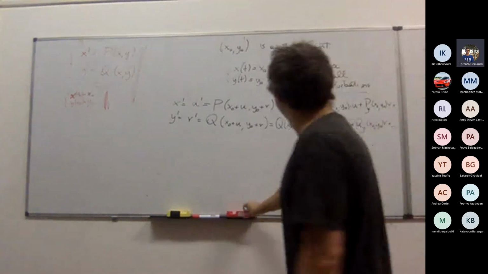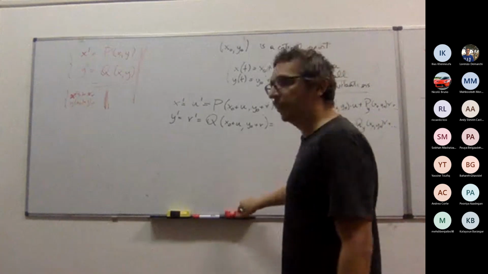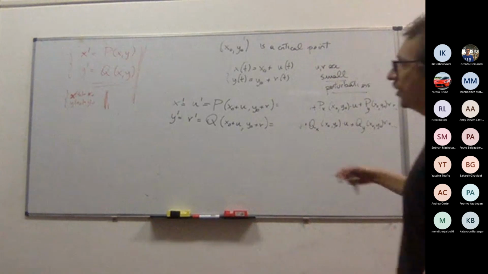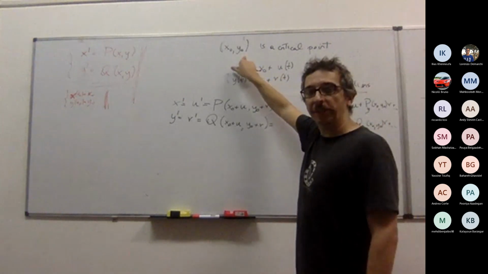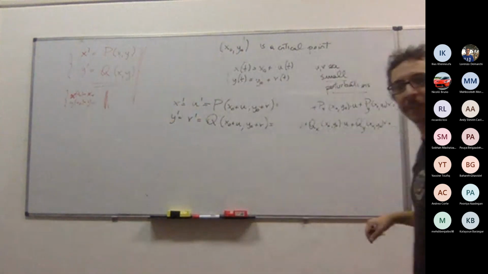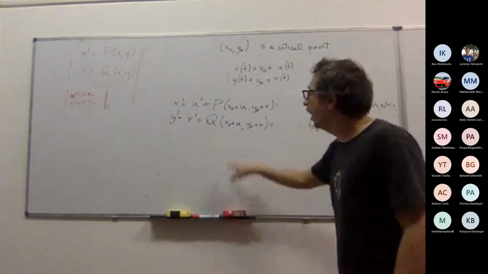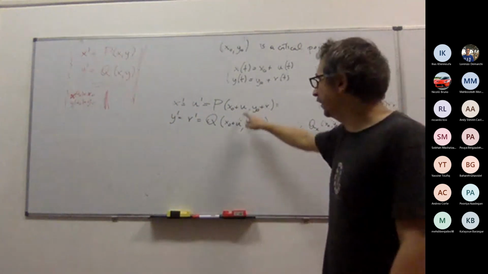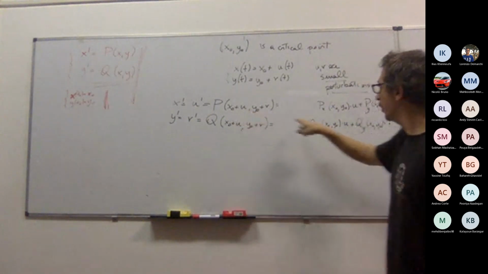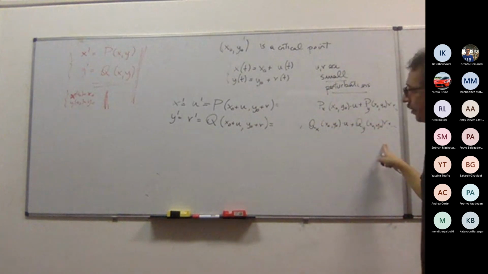Oh, yeah, that's correct. P and Q in x naught, y naught are 0 because by hypothesis, x naught, y naught is a critical point. So being a critical point, these two evaluated in x naught, y naught must be 0. So if I expand these two functions around x naught and y naught, I will end up at first order with just these terms.